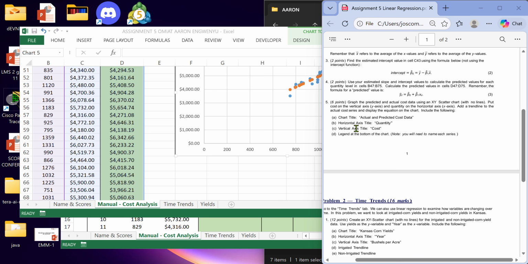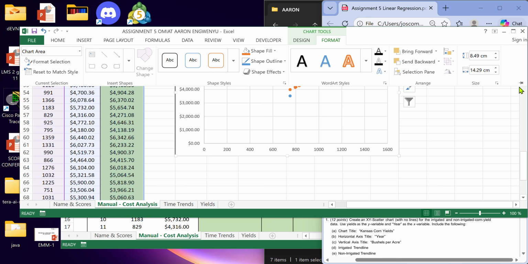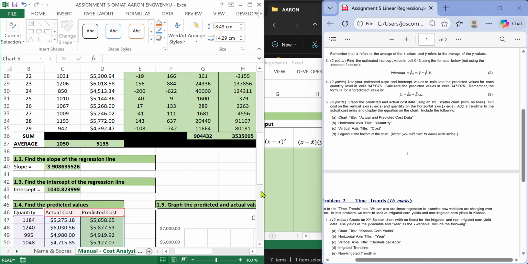Next, they want us to add some features. Let's go ahead and do that.